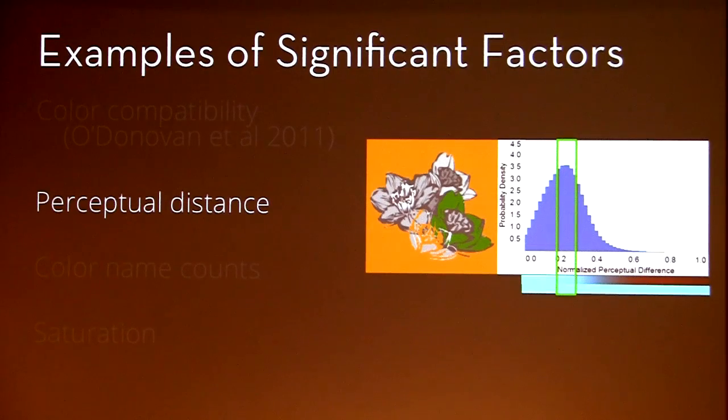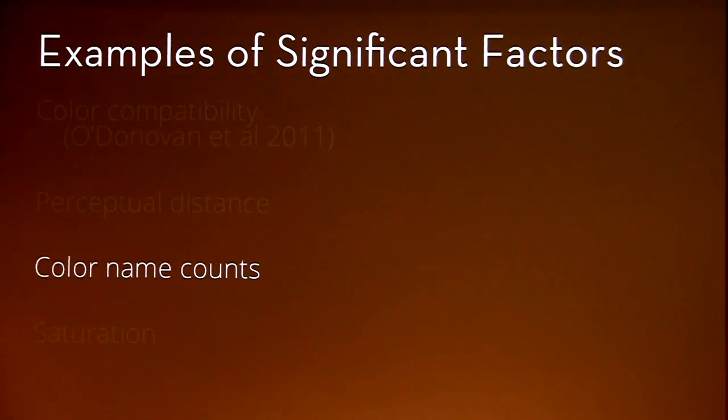So in addition, we found that color name counts, which predicts the color category of a region, was also important. So for the previous factor, we didn't actually see much difference in the factor between different adjacent regions. But for this factor and others, we see there's a difference depending on what region we're looking at.